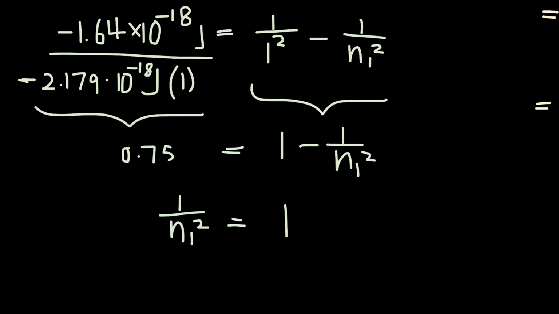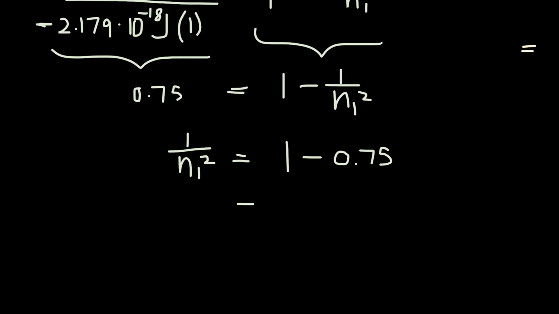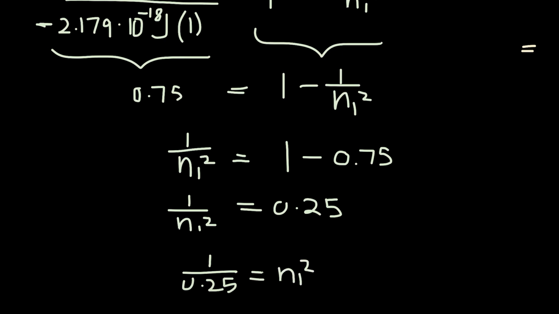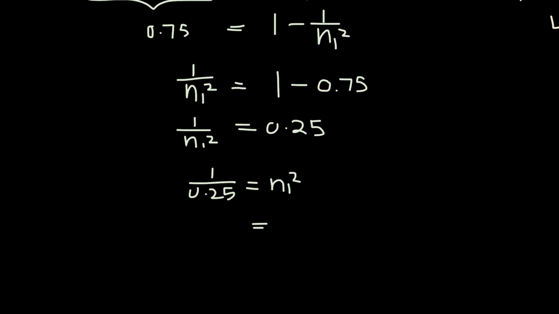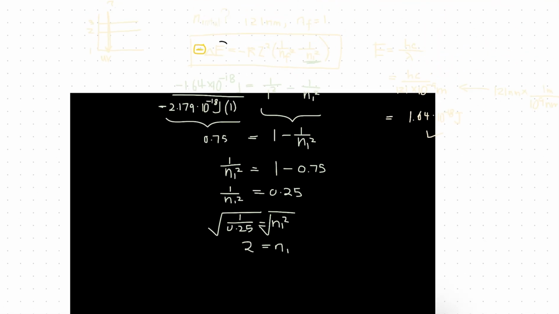So since this side is positive, we're going to turn it into a negative when we move it to the right. So this will give us 1 divided by 0.25 is going to give us 4, and then if you square root this, your n initial will be 2.